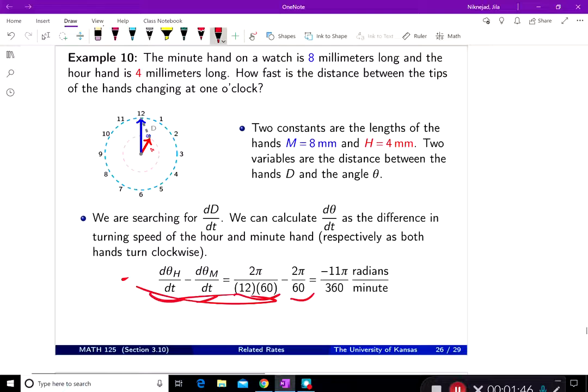That gives me the rate of change of theta.